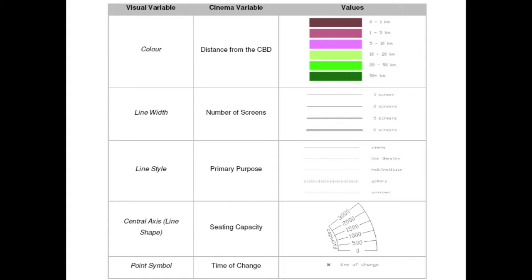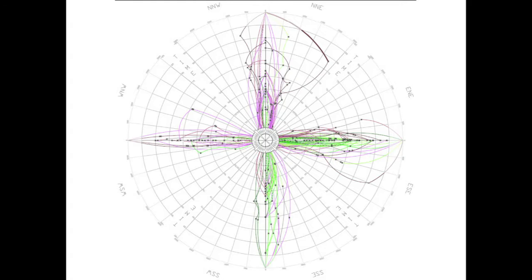You also have line width and line style. And because I made a sort of radial picture, we also had a central axis which gives us another attribute. So when we put all this information together, that's what it looks like.